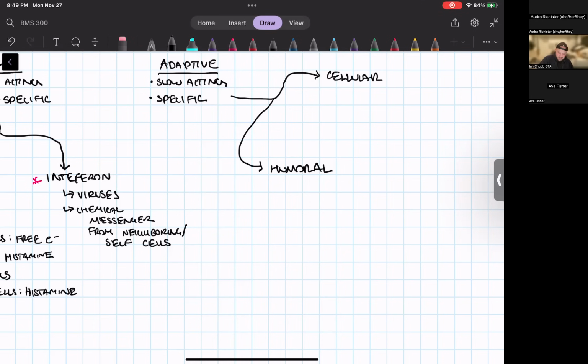Humoral will be things that can be actually secreted. So a big cell type here is going to be our B lymphocytes. B lymphocytes can become one of two types of cells. I should probably put naive. This is a naive B lymphocyte. These can either become plasma B cells, or they can become memory B cells.